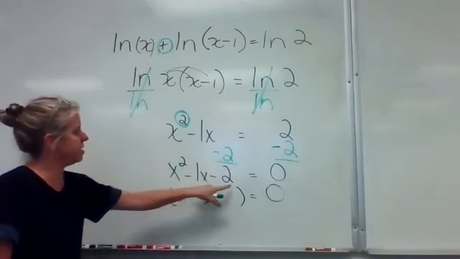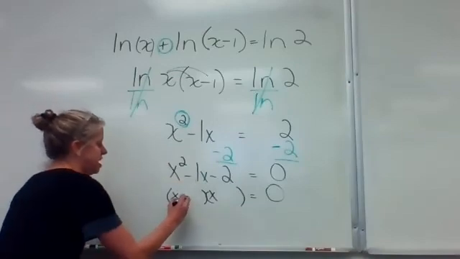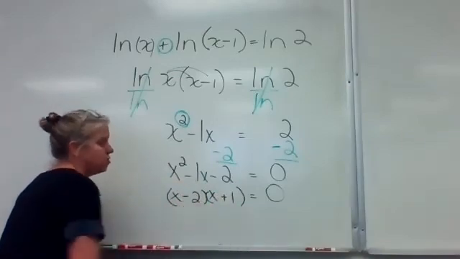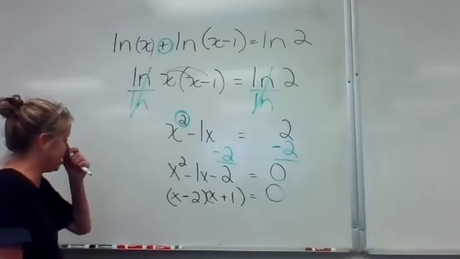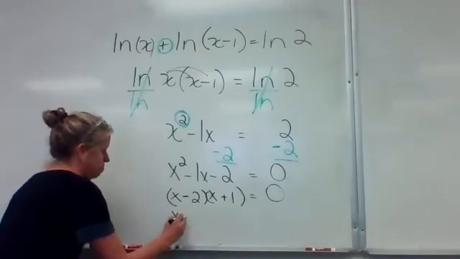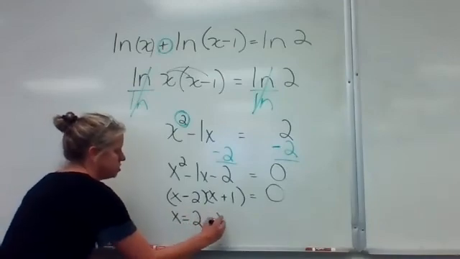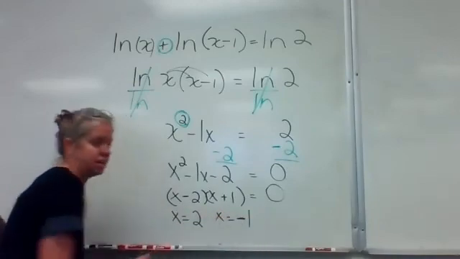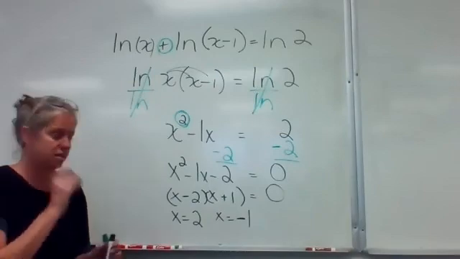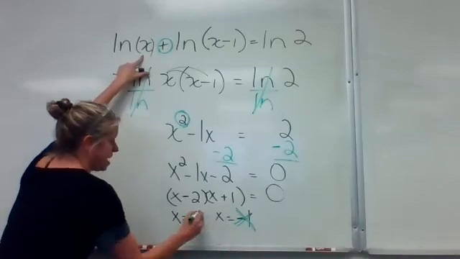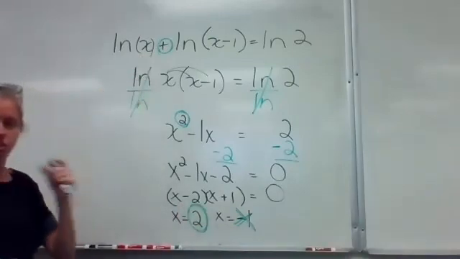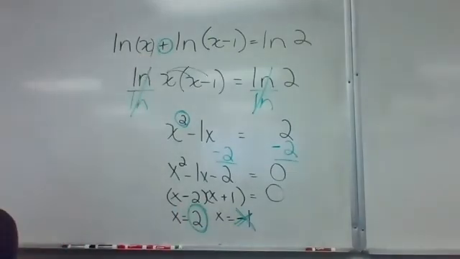Numbers that multiply to give me negative 2 and add to give me negative 1 are negative 2 and positive 1. When I set these equal to 0, this will end up being x equals positive 2. That'll end up being x equals negative 1. Since that's an ln of x, I can't have that negative answer. So again, 2 is the only true answer.